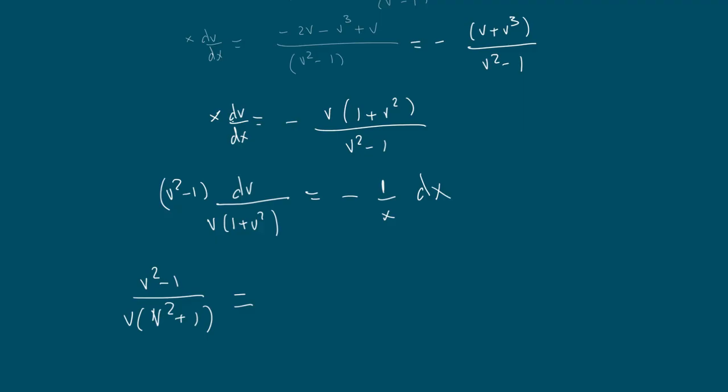So this will be a divided by v, plus (b v) divided by (v squared plus 1), plus c divided by (v squared plus 1)... So I want to find a, b, and c.